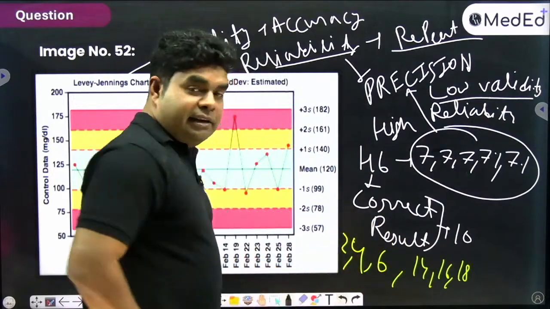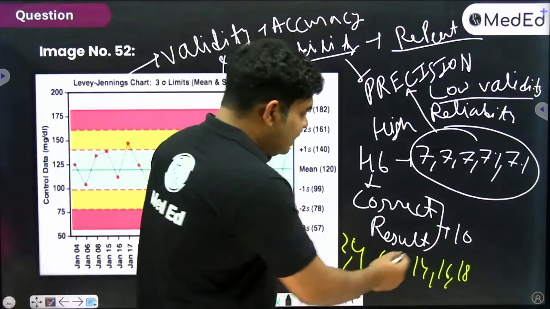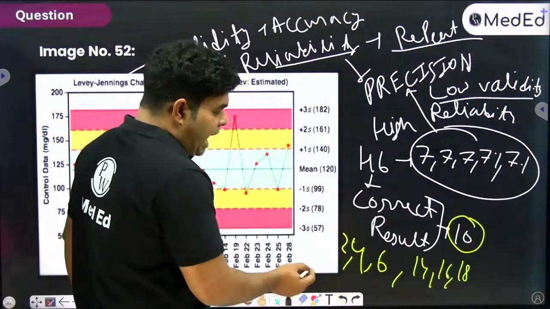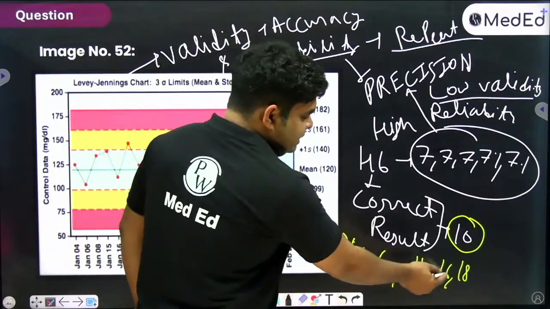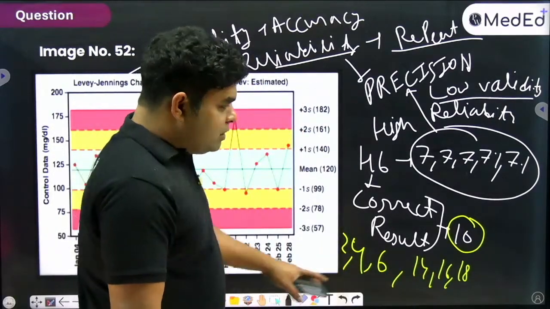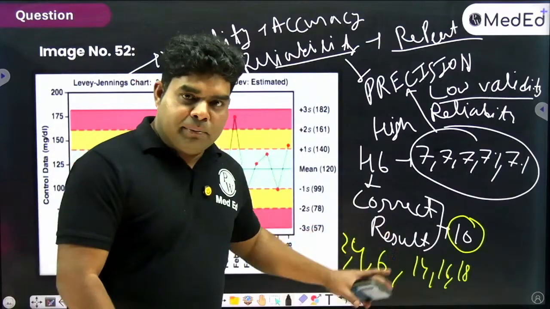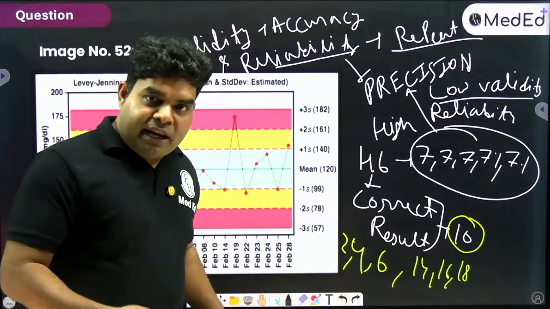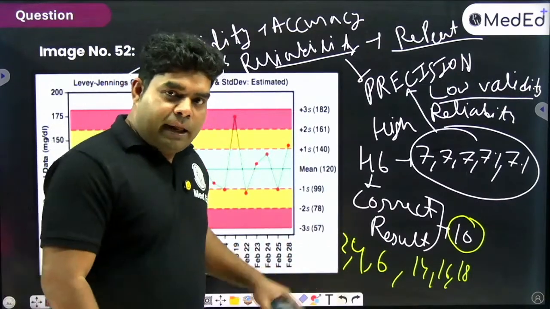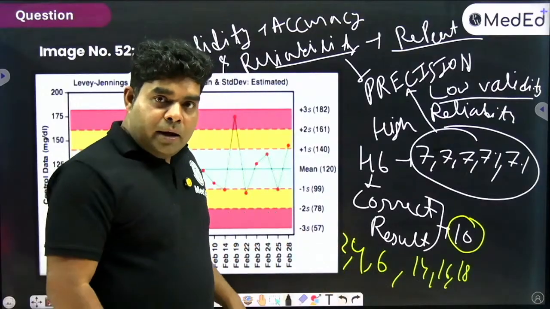And the correct answer is 10. So if you take the average of 2, 4, 6, 14, 16, 18, the mean value is 10. Add all the numbers, divide them by 6, it will come 10. So the average is correct. But is the data accurate?